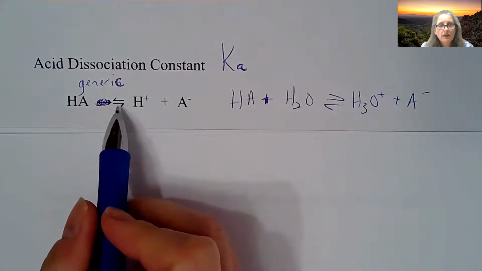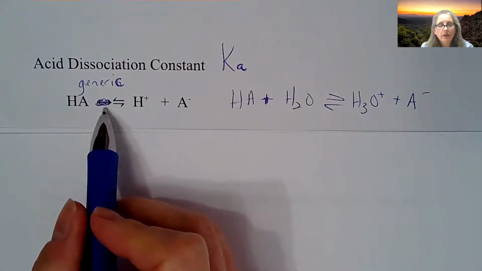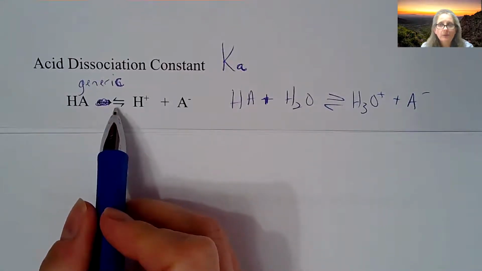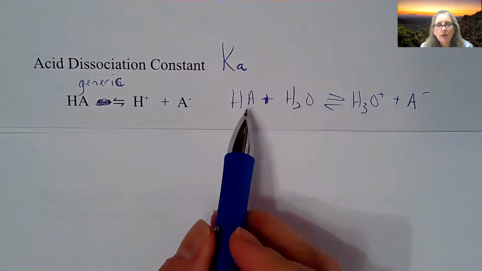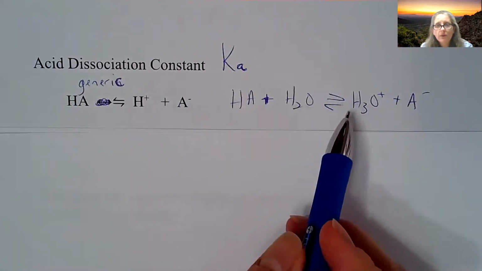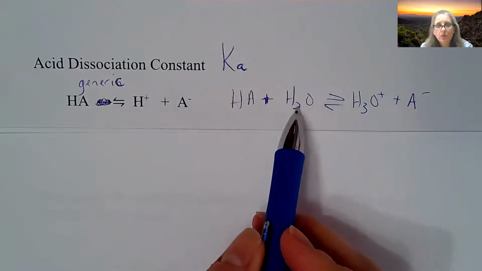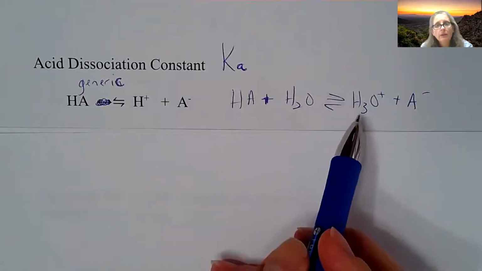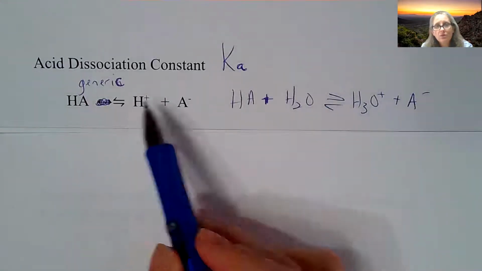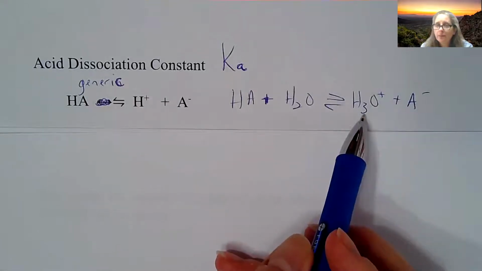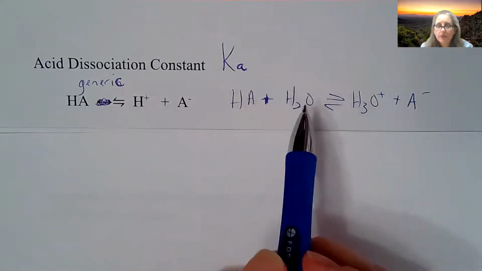Again, you're going to see an equilibrium arrow, either a double-headed arrow or a fancy one like this. Please note that you will see both in cases of having it with water or without water. The only difference is you either have H plus or hydronium ion on the product side for this discussion.